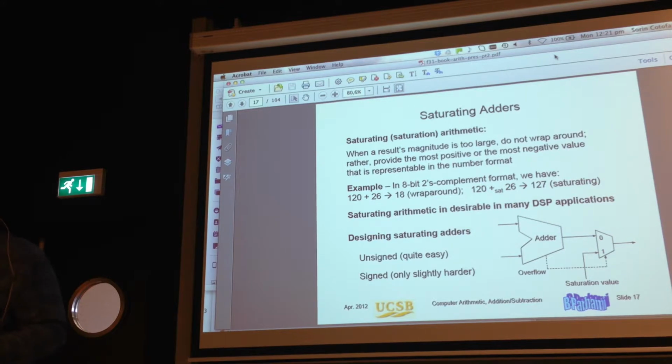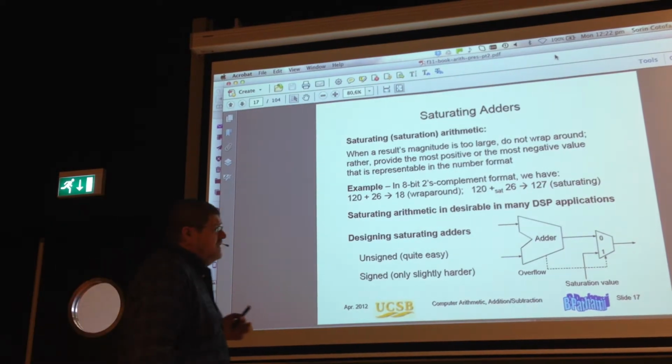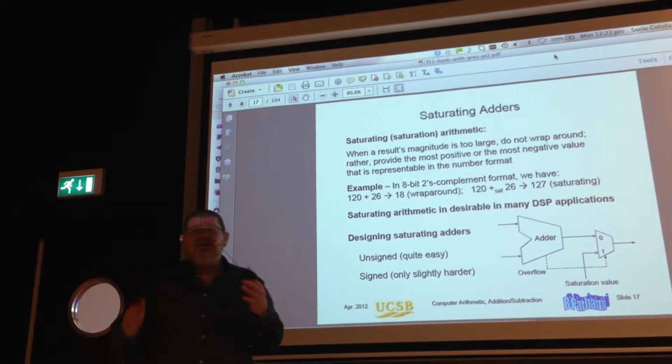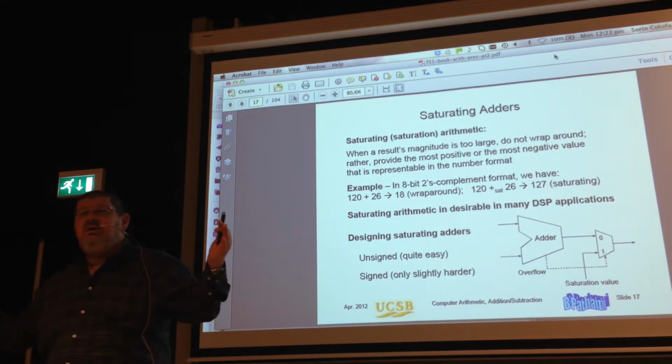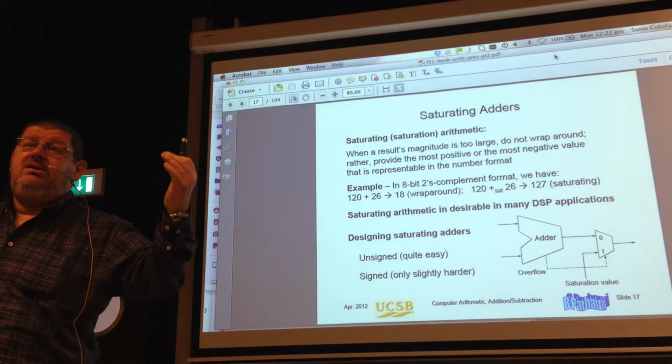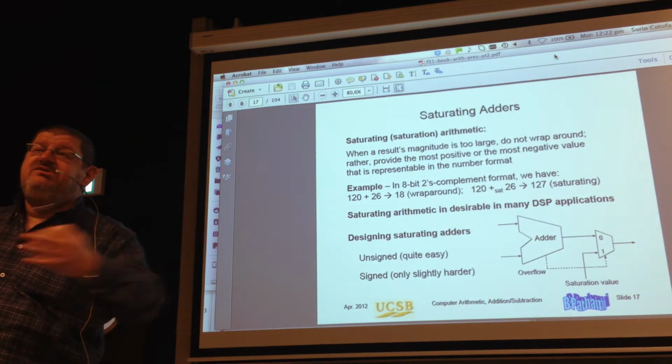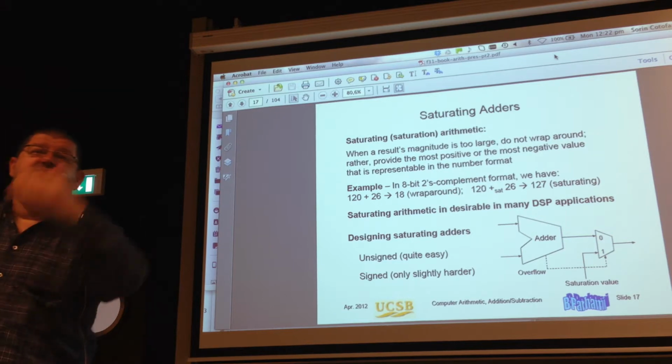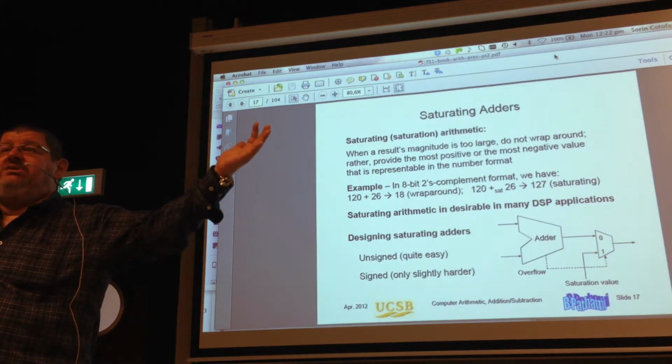Now, in digital signal processing, mostly in audio or video processing, you have some calculations where the result, even though represented on, let's say, 8 bits, cannot take values larger than 200. They don't make sense because the intensity of the color can be between 0 and 200.